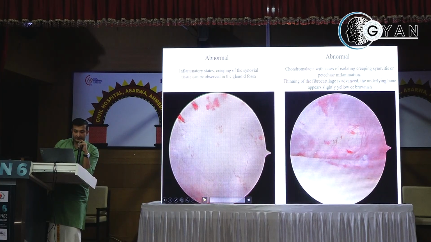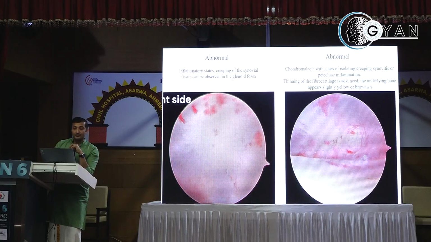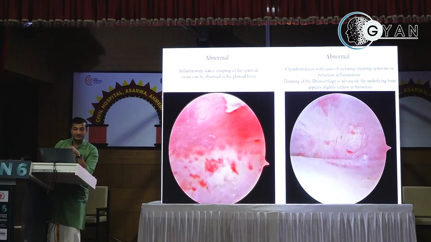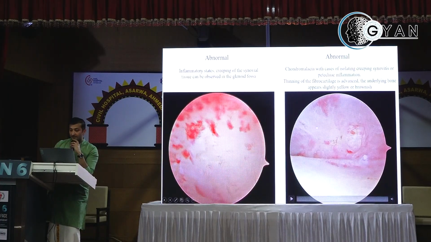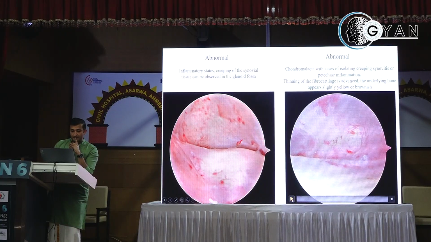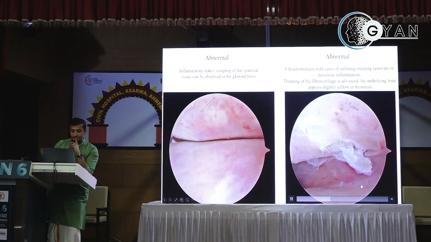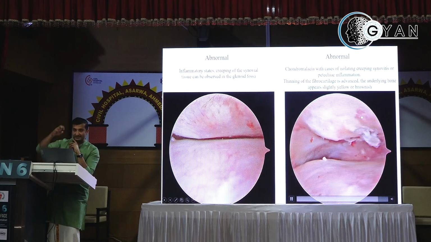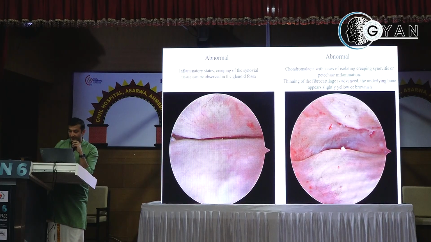But there are situations where the fibrocartilage may be inflamed and you may have chondromalacia, and you'll see various changes, you can see adhesions. You can see all these white structures like cotton fibers, that's all adhesions and it's chondromalacia.